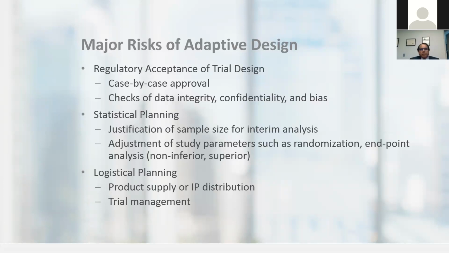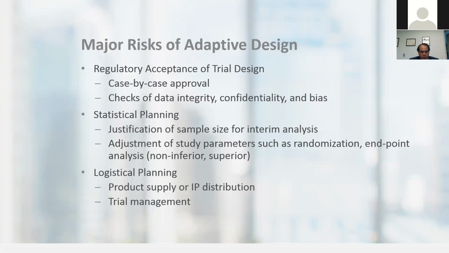And that's why I say that if you are going to do that, you have to present it to FDA or any regulatory agency and make sure that the integrity of your data is intact, the confidentiality is, and that you are not creating any biases.